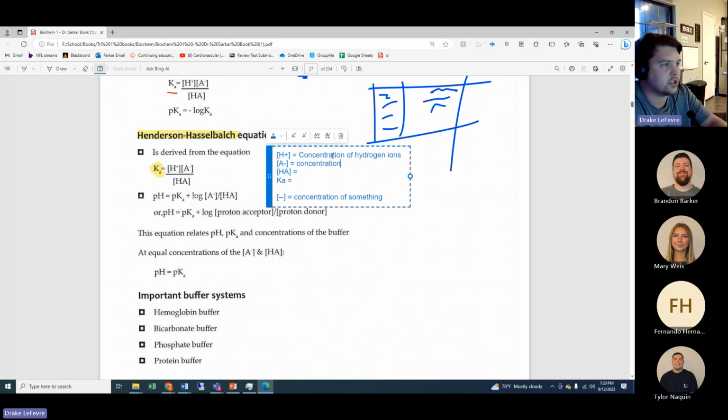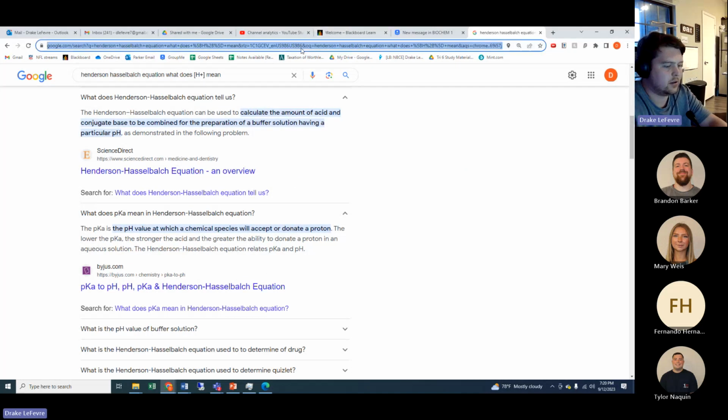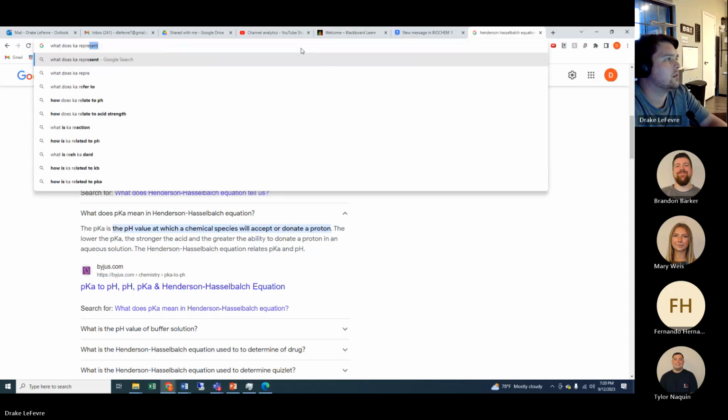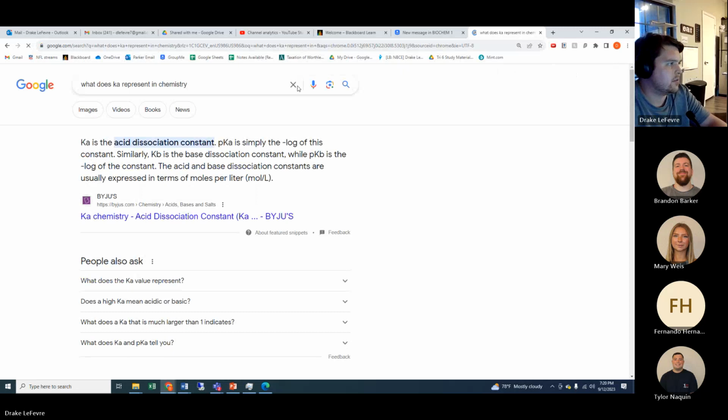This is the concentration of the conjugate base, and the concentration of the weak acid. And then Ka specifically is representing, remember, the acid dissociation constant.